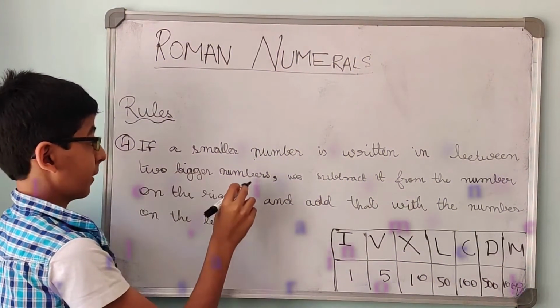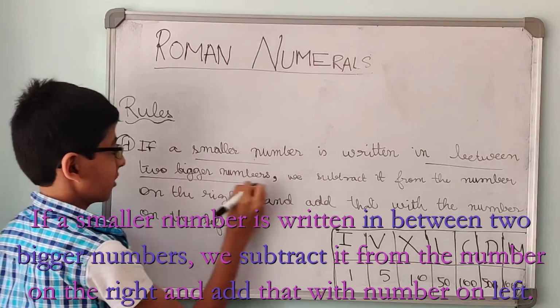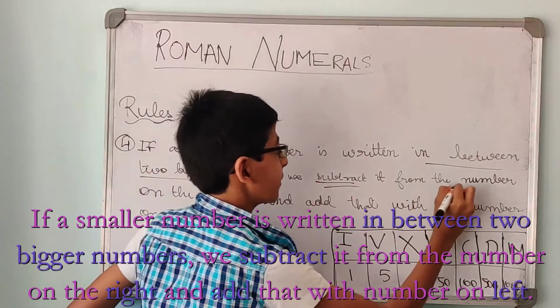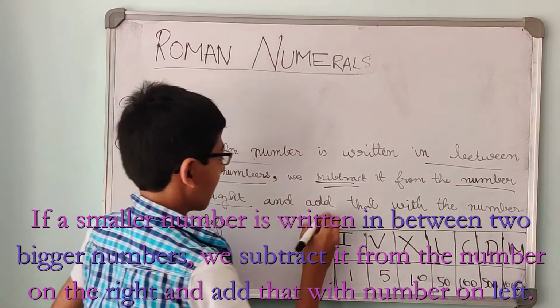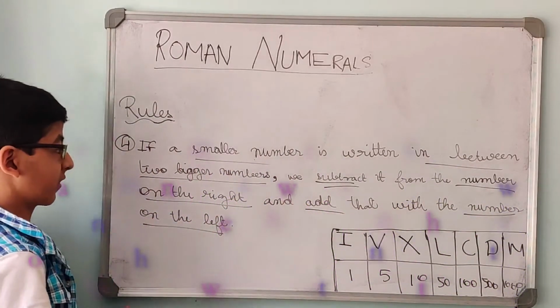If a smaller number is written in between two bigger numbers, we subtract it from the number on the right and add that with the number on the left. What does this mean?